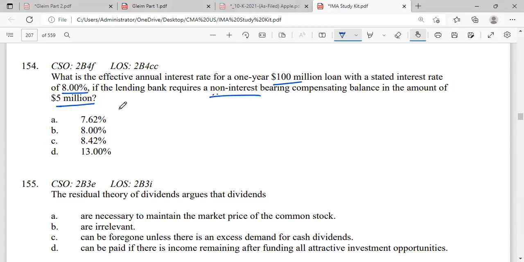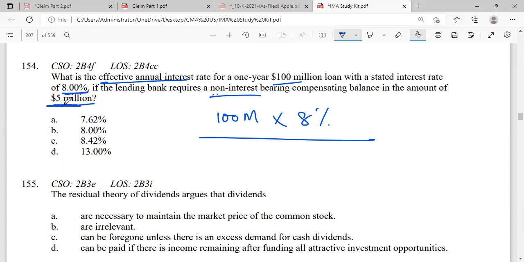Take the 100 million, multiply it with 8%, and divide it by the principal amount minus the 5 million compensating balance.